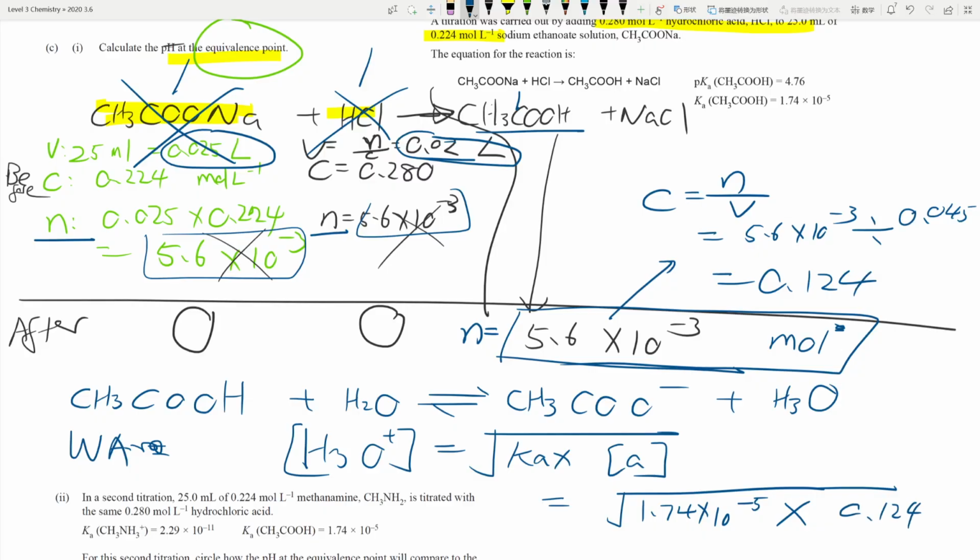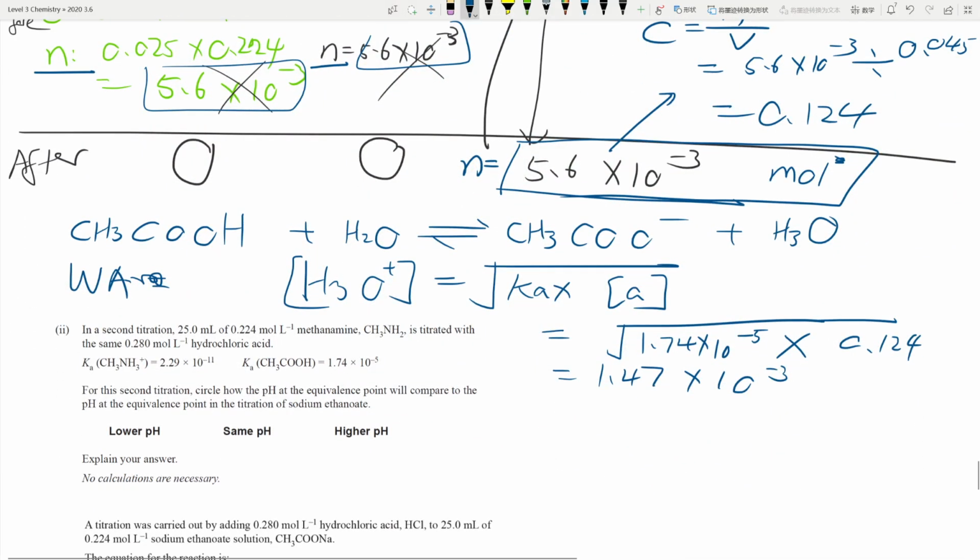If you multiply this by 1.74 times 10 to the negative 5 and square root it, you should get 1.47 times 10 to the power negative 3 moles per liter for your H3O+ concentration.